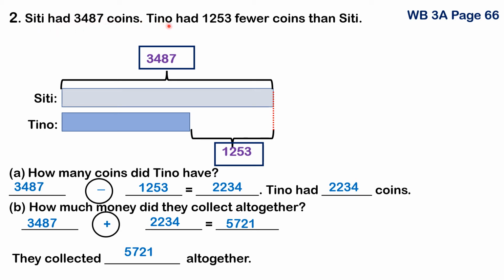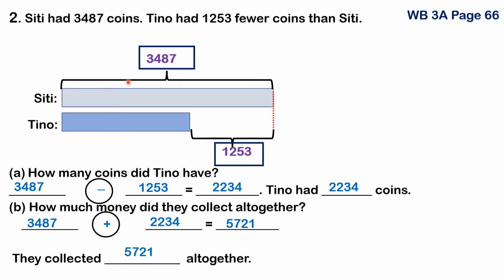So now let's go to page 66, question 2, where Siti had 3,487 coins and Tino had 1,253 fewer coins than Siti. So this is what Siti had in bar model, okay? And this is what Tino had, which is 1,253 fewer coins than Siti. Okay, so we want to find out how many coins Tino has.